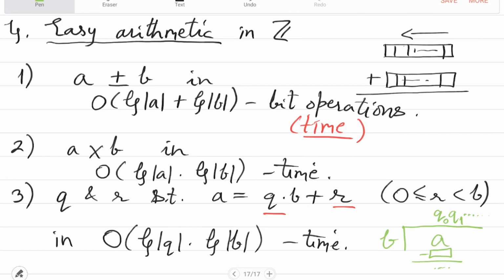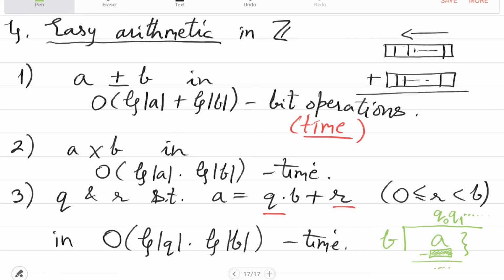So is the question that the time complexity of subtraction we are missing? So the thing is that how big is this box? This box is only as big as B, right? So it doesn't matter how big A is.